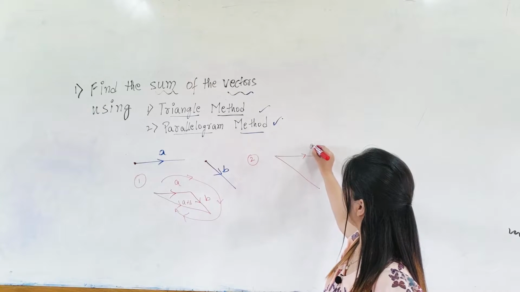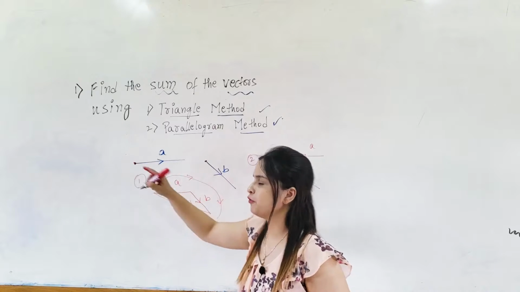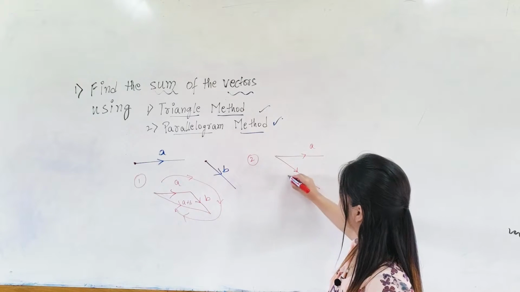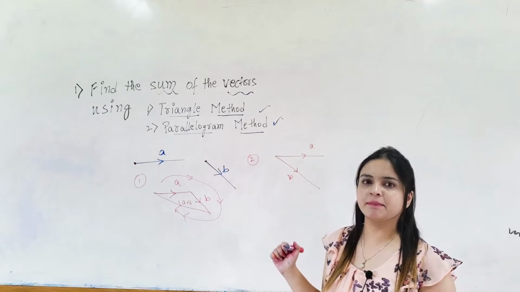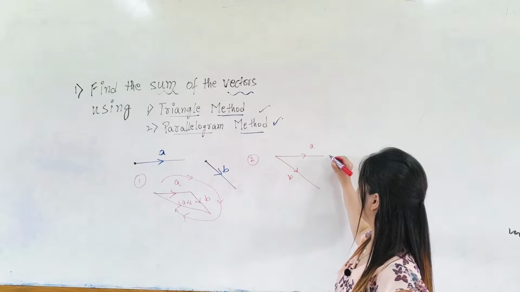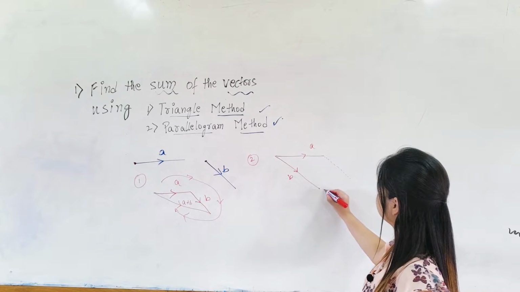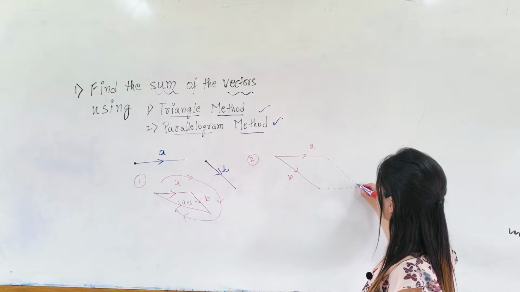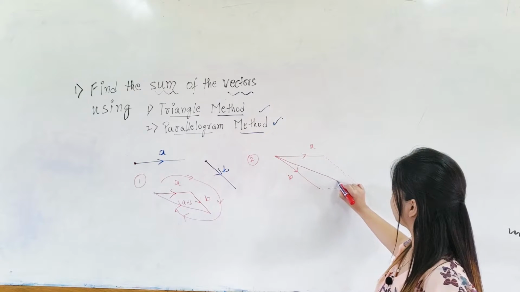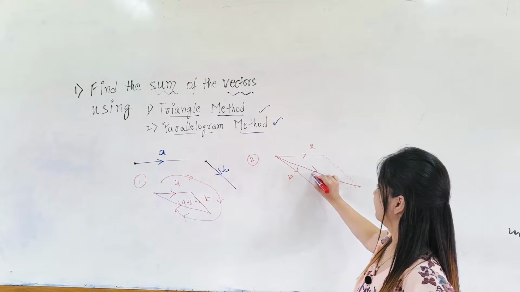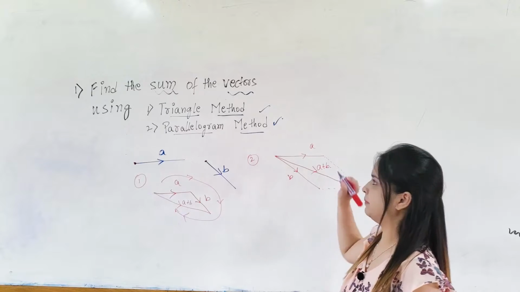This is my A, and I join this end of B to the other end of A. So this becomes my B. Now, like the name says, it's a parallelogram method. So I will make a parallelogram first. Now, the diagonal of this parallelogram will give you the resultant of A and B.